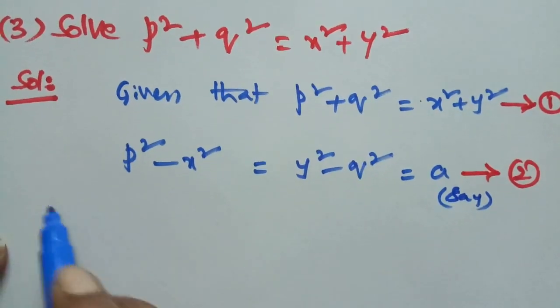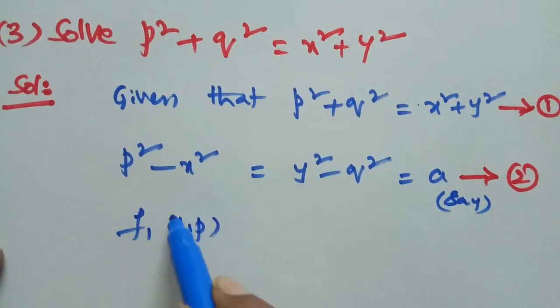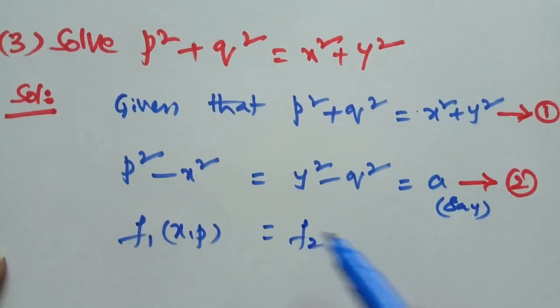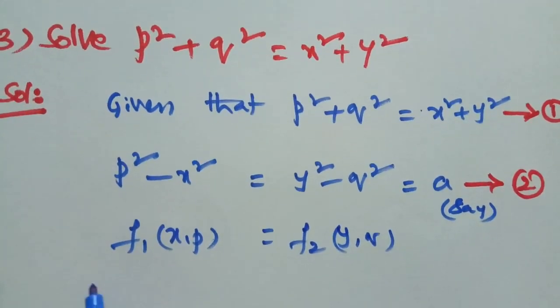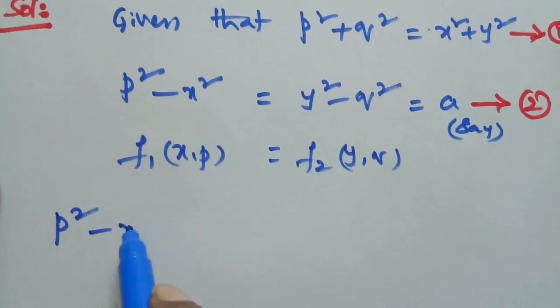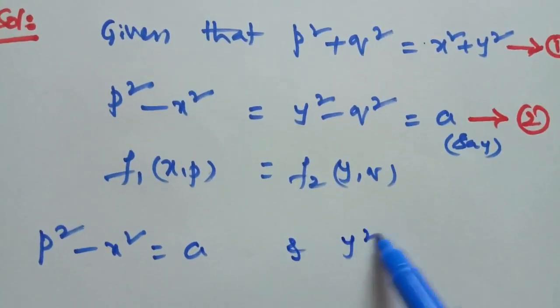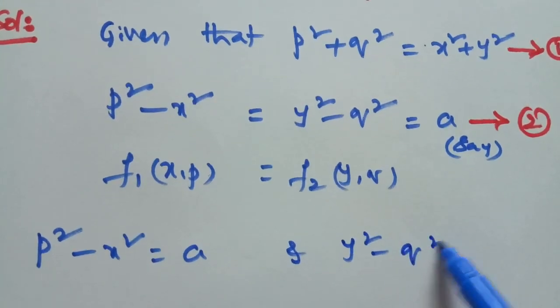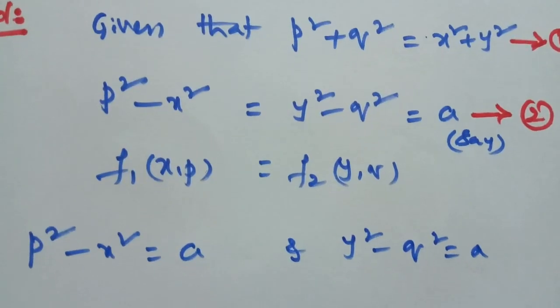Therefore, this is of the form f1 of x comma p is equal to f2 of y comma q. Therefore, again this can be written as p square minus x square is equal to a and y square minus q square is equal to a, since each is equal to some constant.